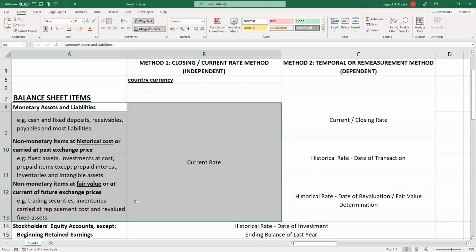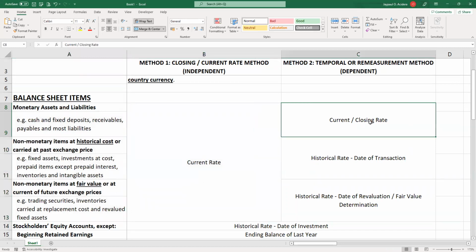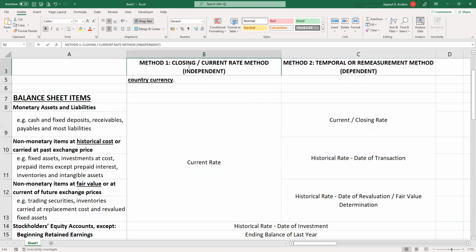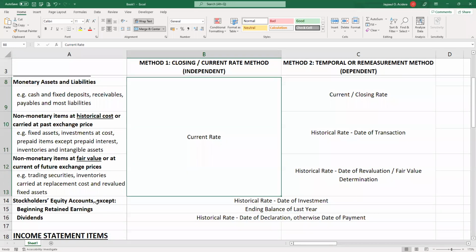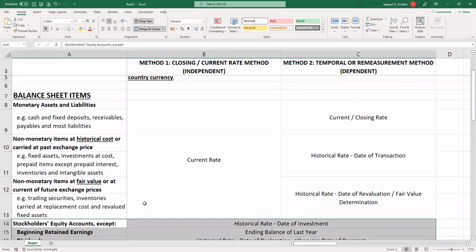All assets and liabilities will be recorded at the current rate. Okay? Yung current rate class, minsan tawag natin dyan closing rate. Ayun nga. So pareho lang yun, no? Yeah, so current rate or closing rate for assets and liabilities. For equity kasi, meron siyang ibang rule. So balikan natin yan later.